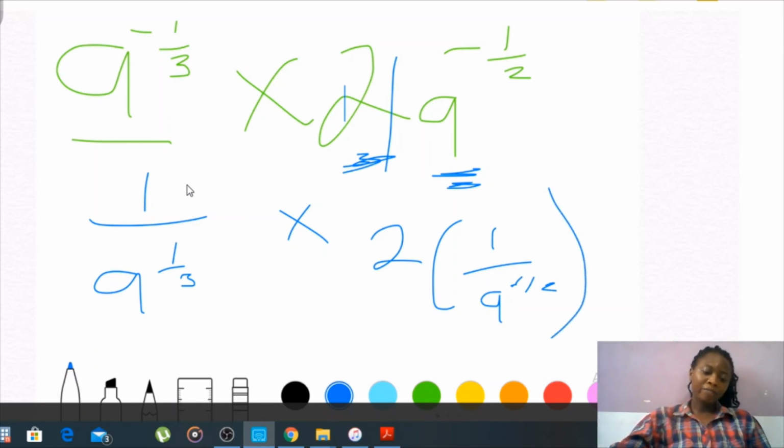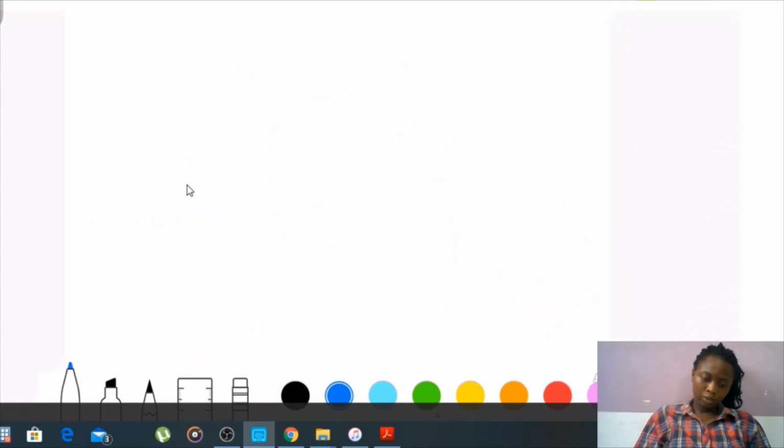So now we have 1 over a raised to the power 1 over 3, 2 times 1 over a raised to the power 1 over 2. So this can be written as 2 times 1, which is 2, over a raised to the power 1 over 2. Let me move this to the next page.